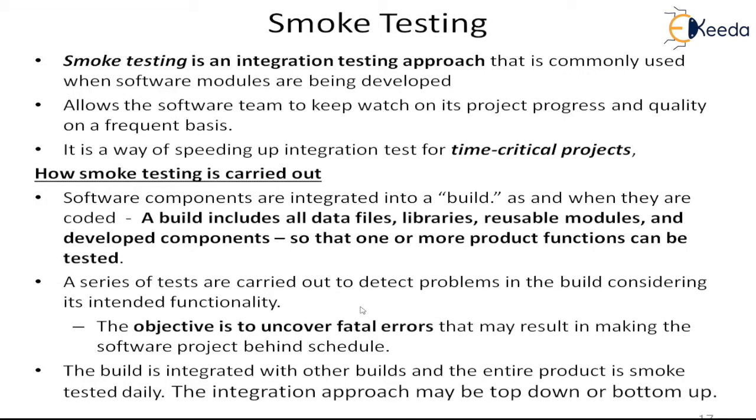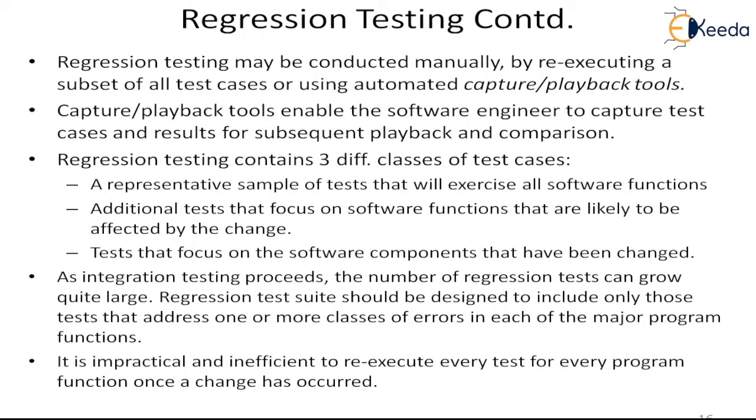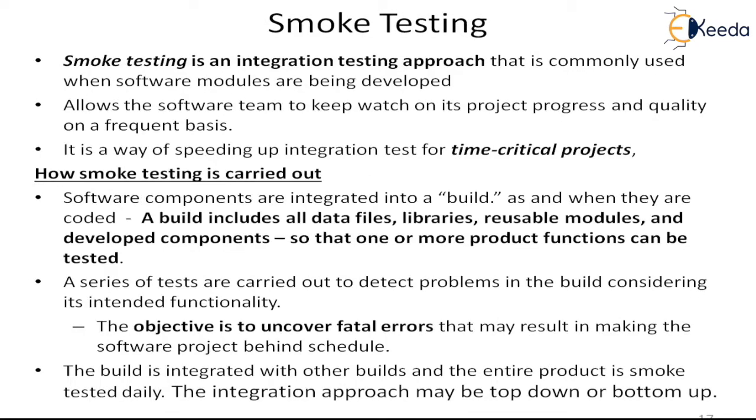So now we have completed integration testing, we have completed the regression testing. Now we will come to smoke testing. This is another approach to integration testing, and it happens while the software modules are being developed.